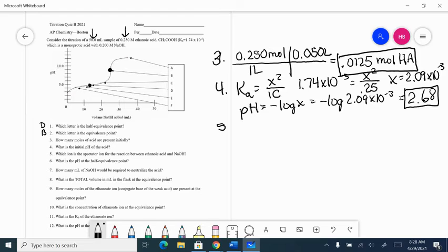5. What is the spectator ion? This time again, it's sodium hydroxide, so it's sodium.